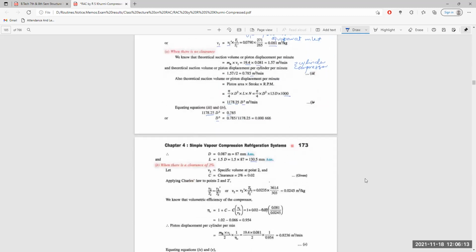Now, if the clearance is given as 2%, so V2 will be the specific volume at point 2, and c is the clearance given as 2% or 0.02.